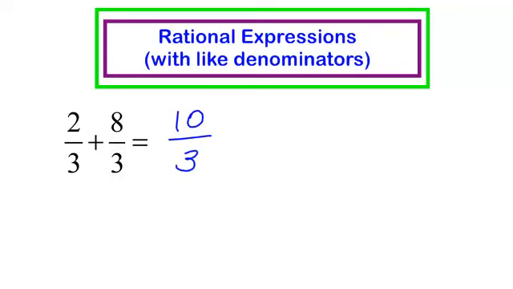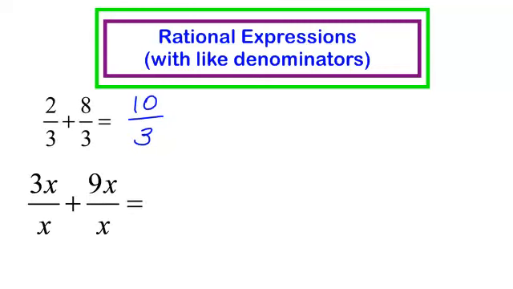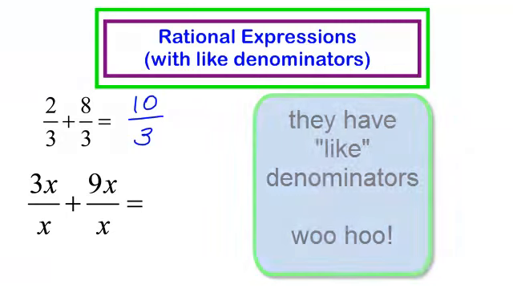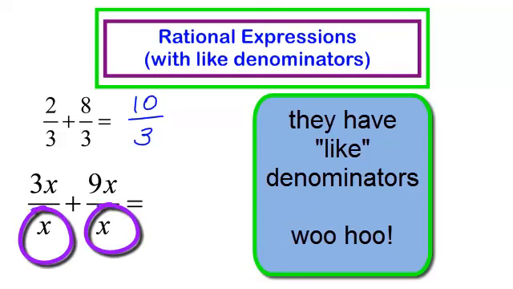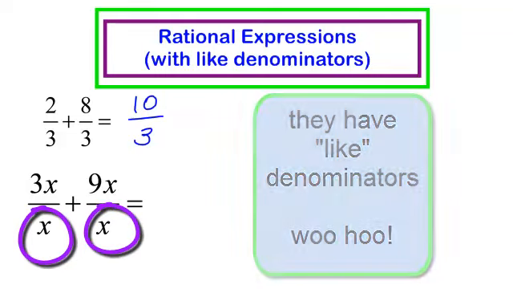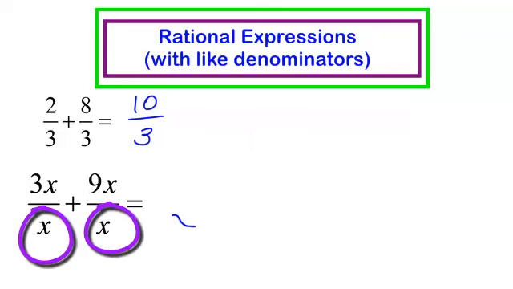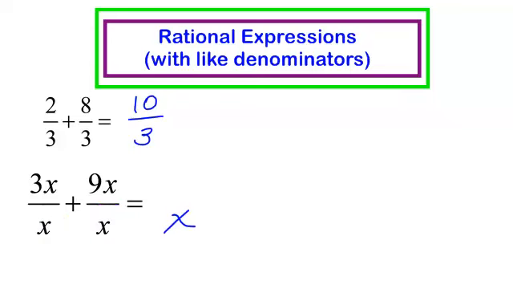Let's get a little bit more exciting. Look at this problem. 3x over x plus 9x over x. Do they have the same denominator? Yes, they do. We can add them up. And we do know that it will be something over x.